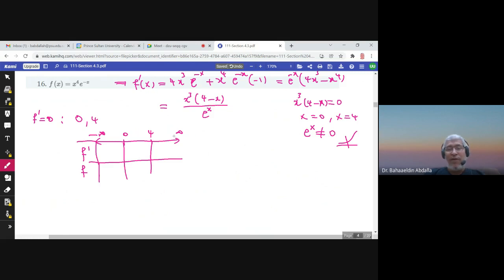So if I choose number 5, for example, 4 minus 5 is negative, and 5 cubed is positive. From 0 to 4, if I choose 1, or you can just say 4 is a 0 of multiplicity 1, so it would be positive here. 0 is a 0 of multiplicity 3, so it would be negative here, okay? Or you just choose negative 1, and this is negative, and this would be positive, so the sign would be negative. So f is decreasing here, increasing here, and decreasing here.